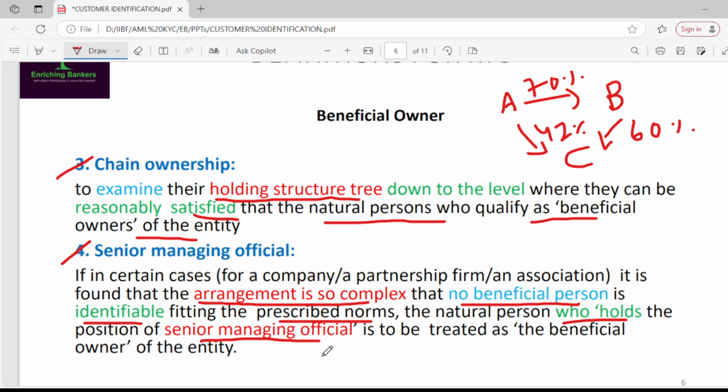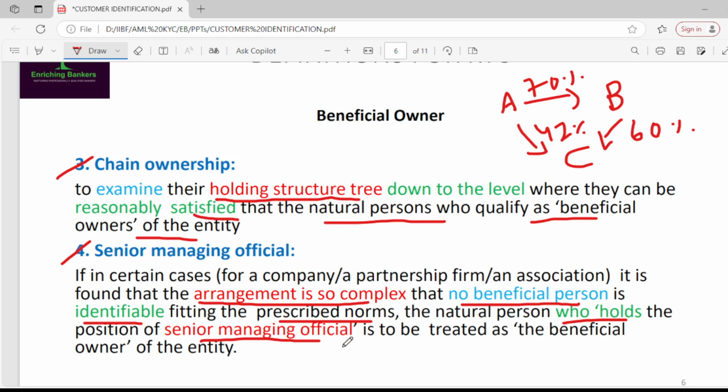So we have gone through to identify natural persons, but the companies' chain ownership arrangement is so complex, and we could not find any natural person according to the prescribed norms. Then the natural person who holds the position of senior managing official is to be determined as beneficial owner of the company.